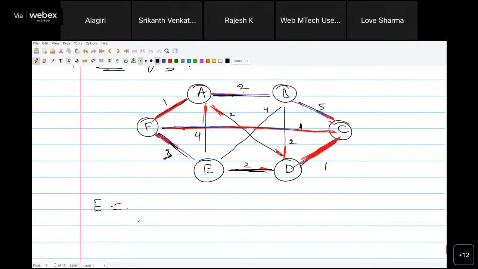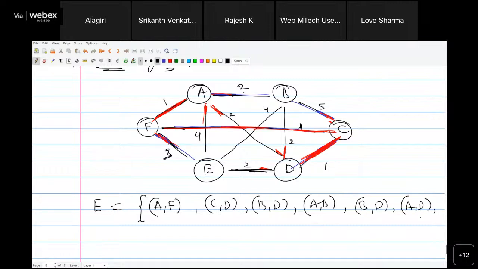So AF, CD, BD, AB, BD, AD, ED, and then comes FE.